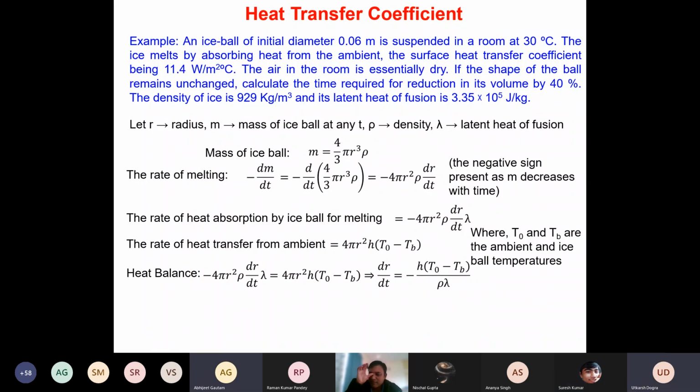Sir, in this question, are we assuming that all the heat which is being absorbed is going into the phase transition, right? Yes, no heat is going in, there is no sensible heat. There is no decrease in the temperature taking place as far as the ice ball is concerned. So that's what happens, isn't it?